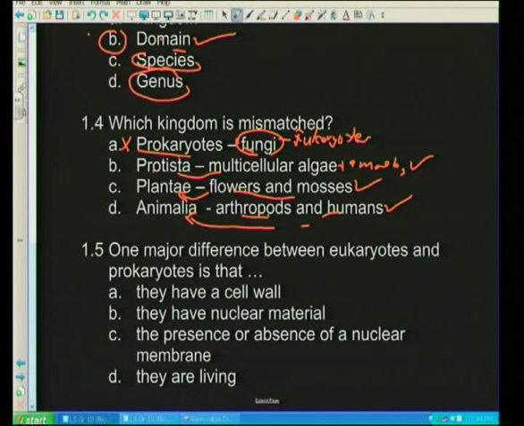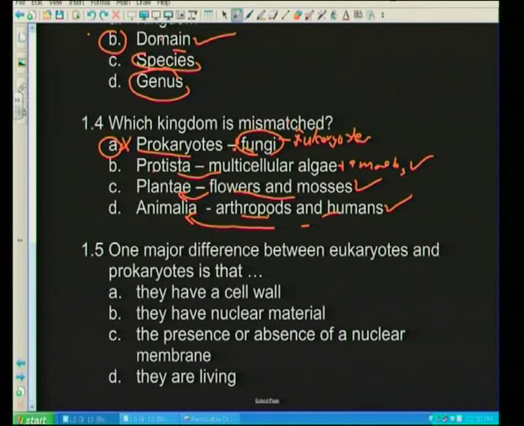And because this is mismatched, so all these are correct, but this is the one that's mismatched, and therefore that is the correct answer. So remember that this mismatch is incorrect, and therefore, according to the question, the one that's mismatched will be A. So your answer will be A. Please do not write down the entire answer, but only the letter of the correct answer.